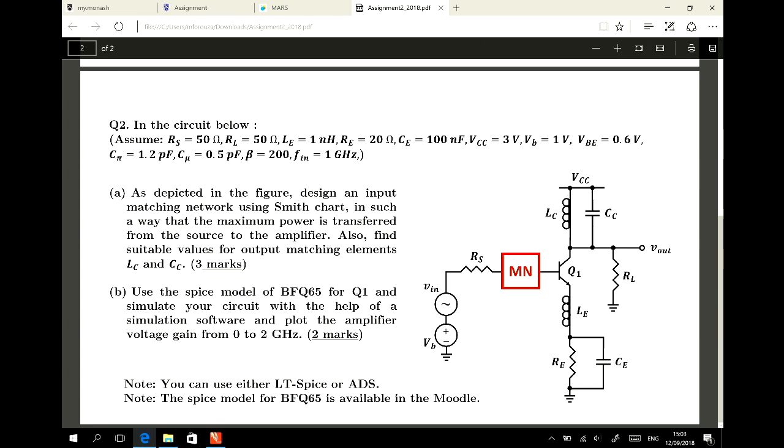Just upload the result, I mean the graph, you don't need to upload the design file. The graph should show the gain of the transistor from DC to 2 gigahertz. And just write down what you understood from this graph.